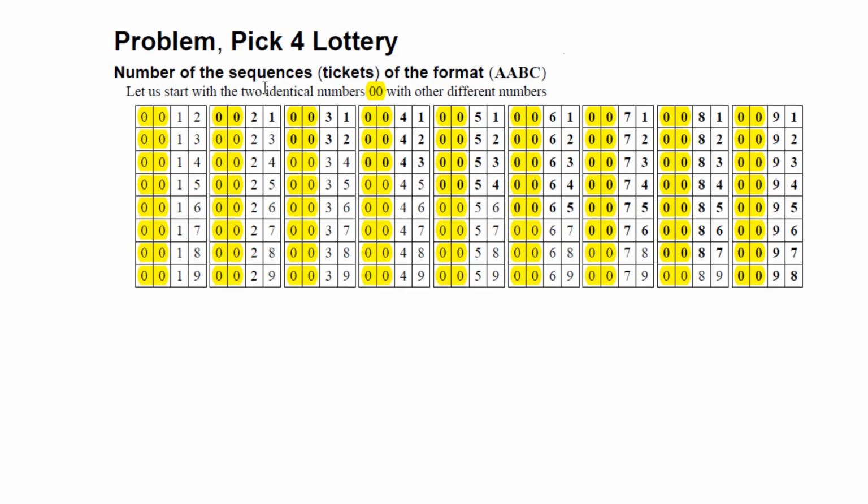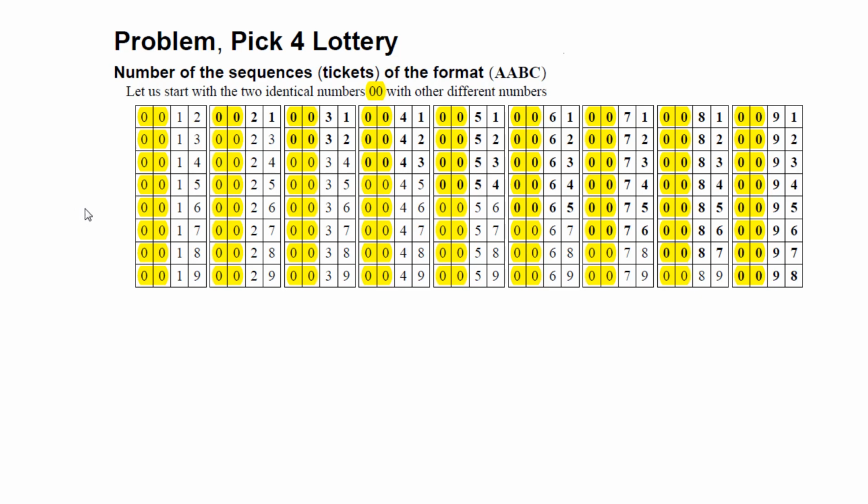So let's start now with 2 identical numbers such as 0, 0. So we have here in the first table 0, 0 with 1, and then 0, 0 with 2, and 0, 0 with 3, and we keep doing that until the last table.